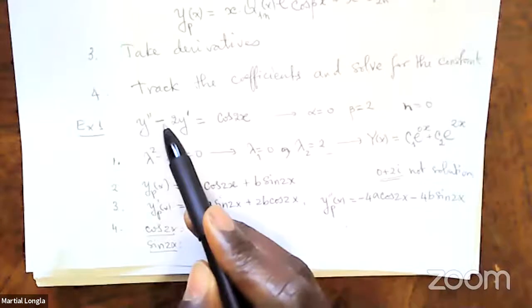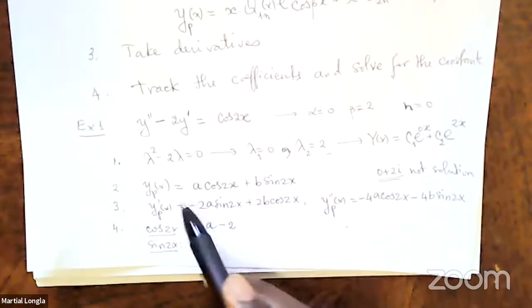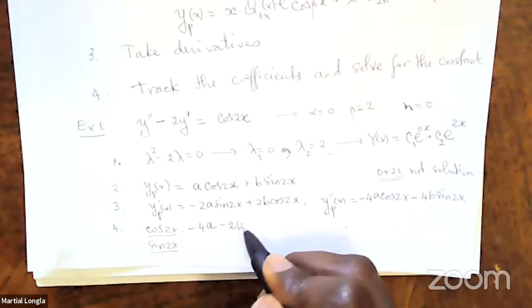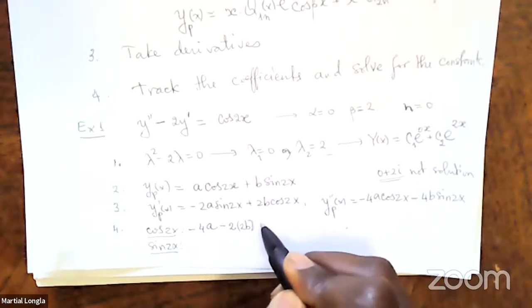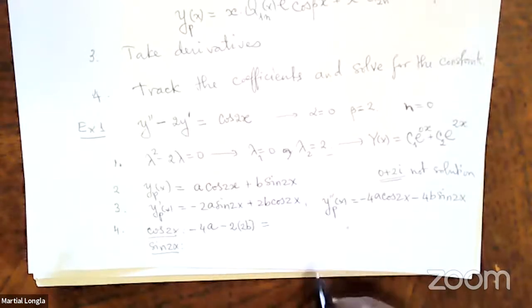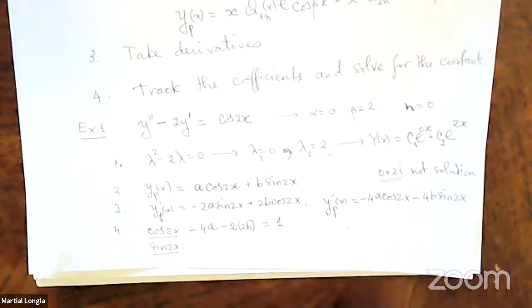Then you go to the derivative, minus 2. You go to the derivative, you look for cosine 2x, that's 2b. Nothing else equals, right-hand side of the equation, you got cosine 2x, 1 coefficient.